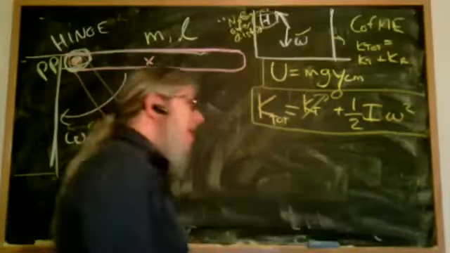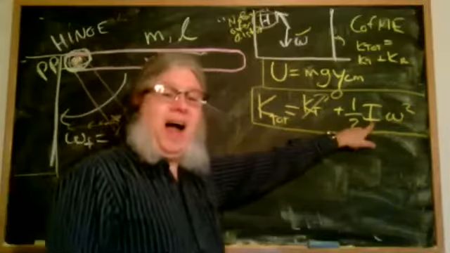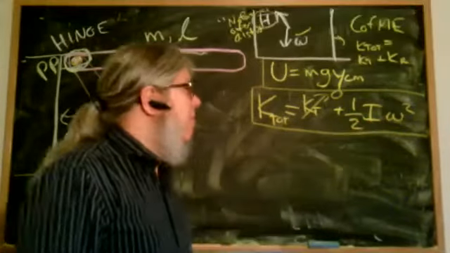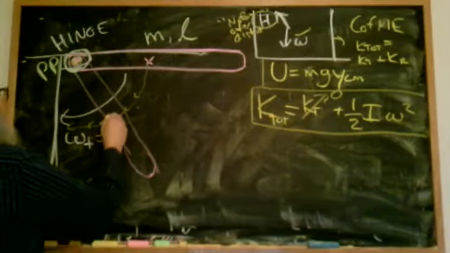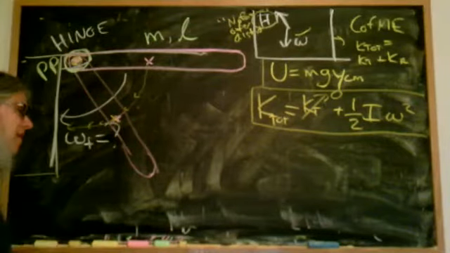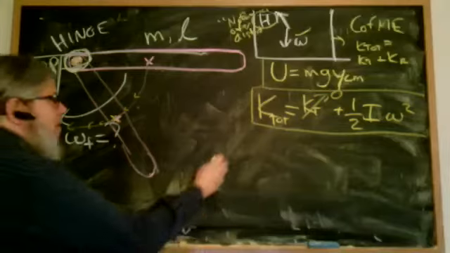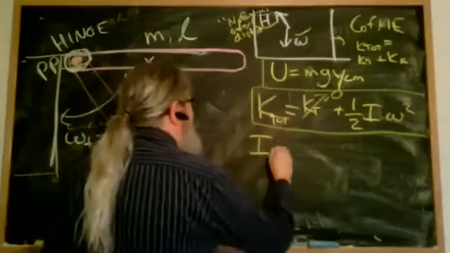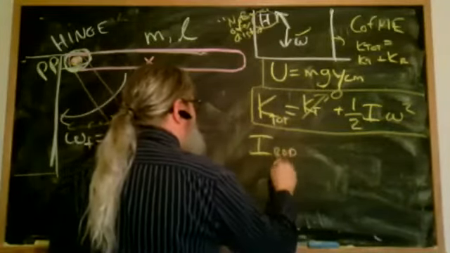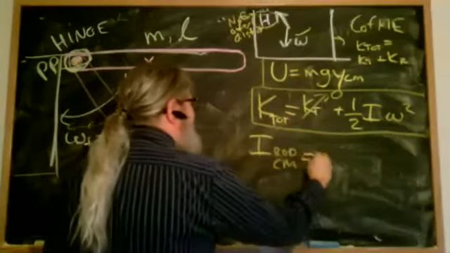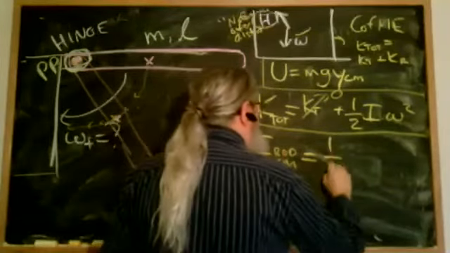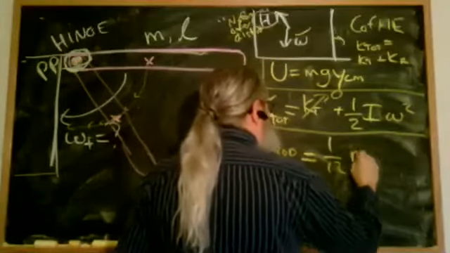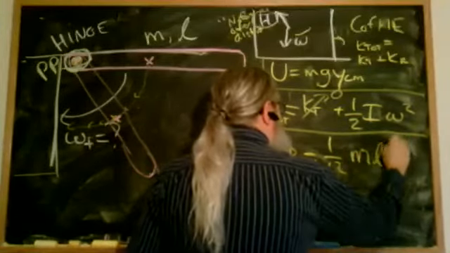The only thing that we have to be careful of is when we say I, what do we mean by I? We mean the moment of inertia, the rotational inertia of the rod as measured at that pivot point, right? Because remember, if I have a rod and I measure its rotational inertia at the center of mass, this is what I showed in the video last night, that this thing is 1/12 m L squared.